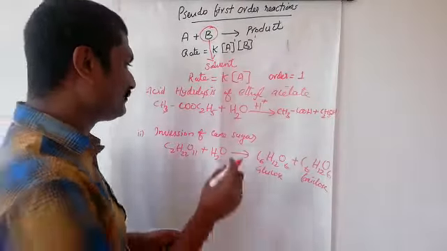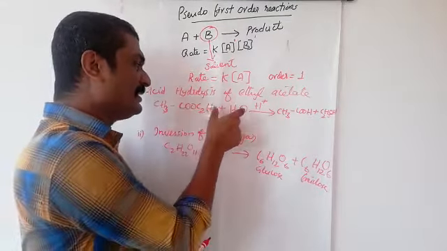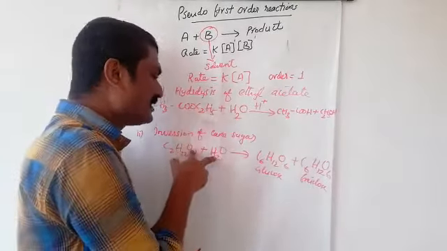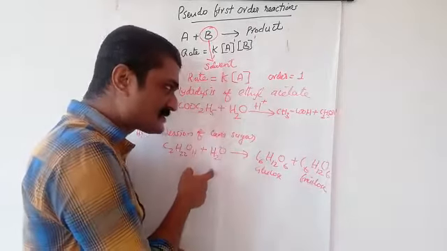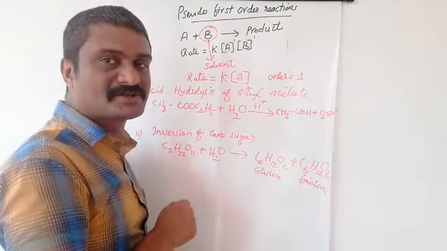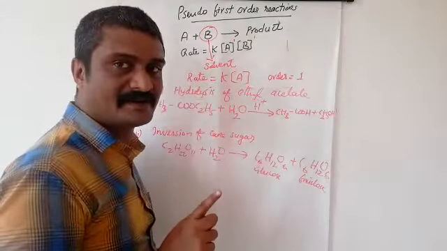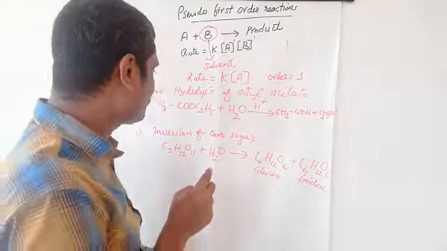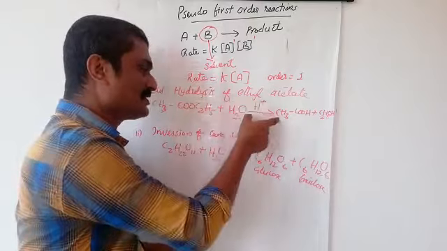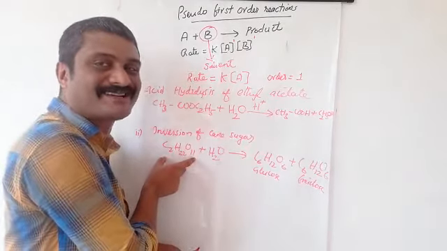Yes, in both cases we can say that the molecularity is 2. Molecularity of the reaction is 2 because 2 reacting species are involved in both cases, but the order of the reaction is 1, because the concentration of ethyl acetate only changes during the first reaction and the concentration of cane sugar only changes during the second reaction.